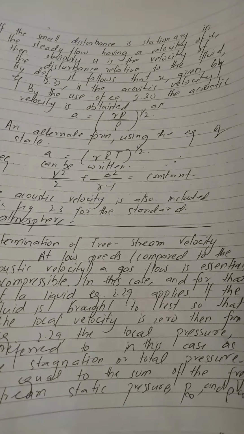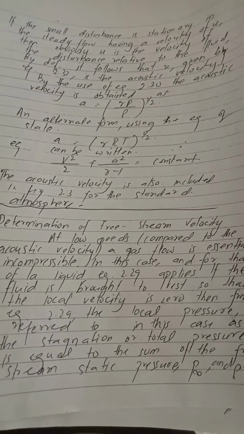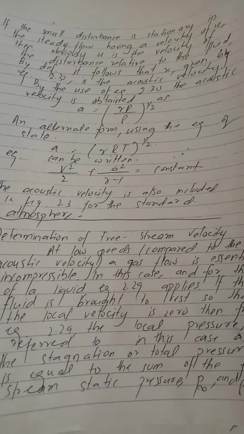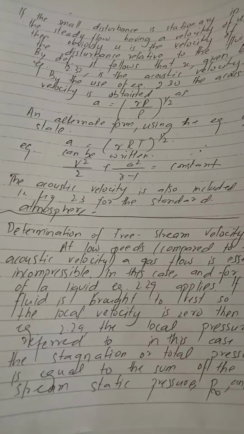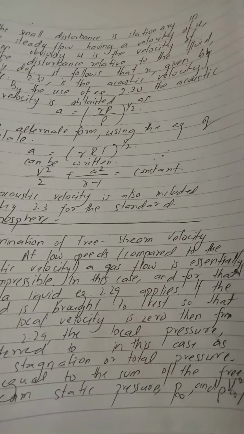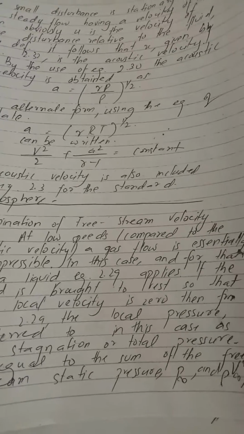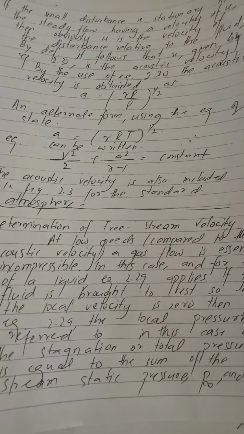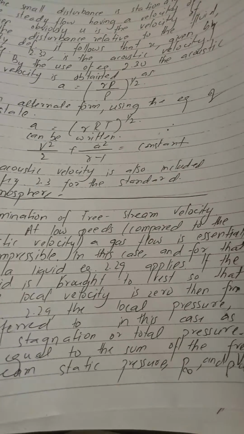So that is how we're going to do it. At low speeds compared to the acoustic velocity, which we have already discussed, a gas flow is essentially incompressible. Okay, incompressible in this case. And for a liquid the equation applies if the fluid is brought to rest so that the local velocity is 0.